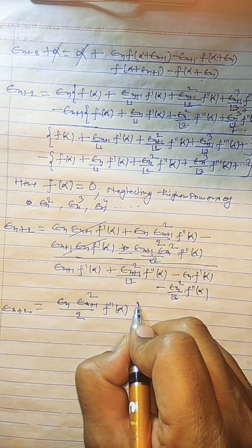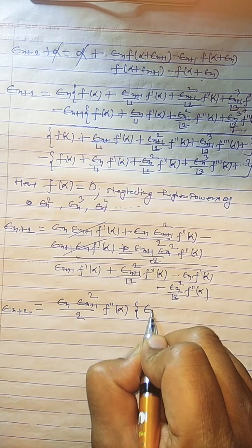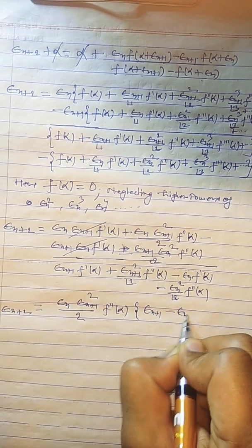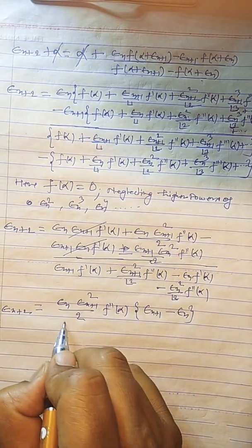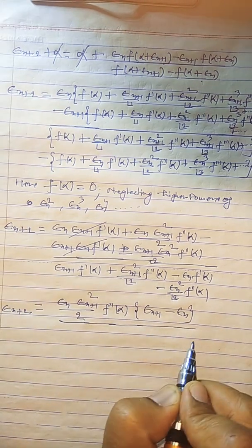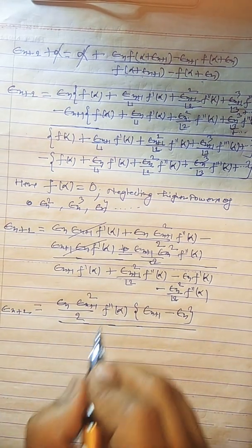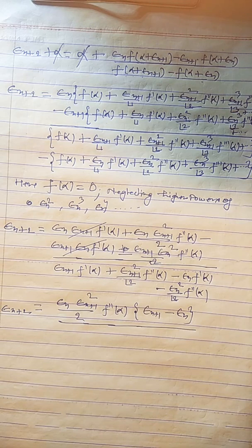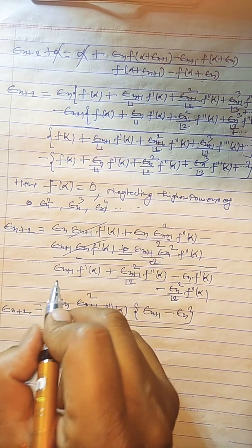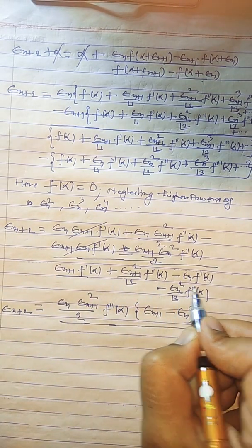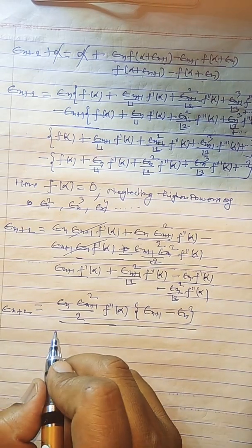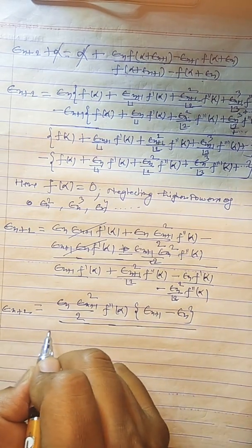What we have inside the bracket, we have epsilon n plus 1 minus epsilon n. This is the term we have in the numerator, and in the denominator, what is the common term? Here from these two, f dash alpha is the common term.